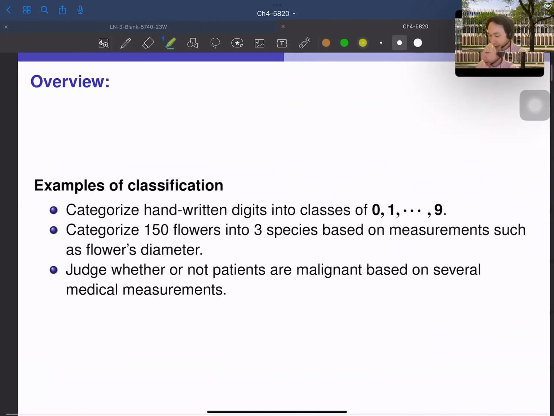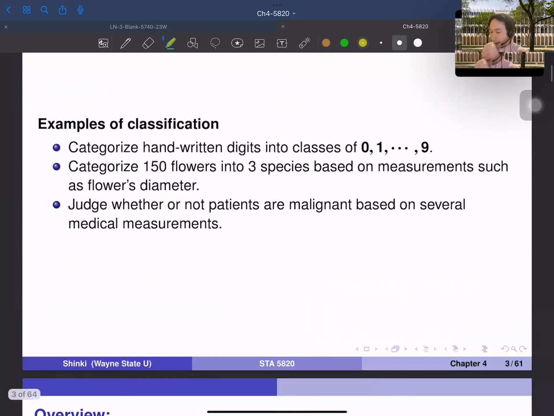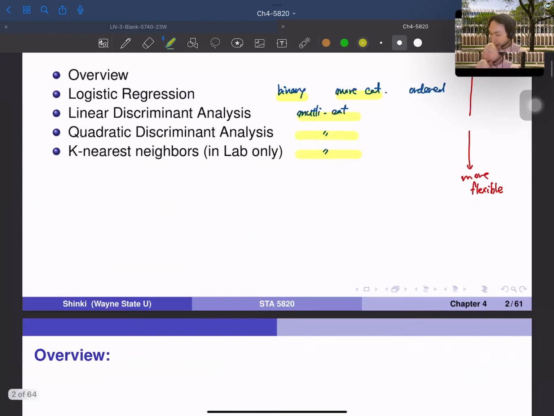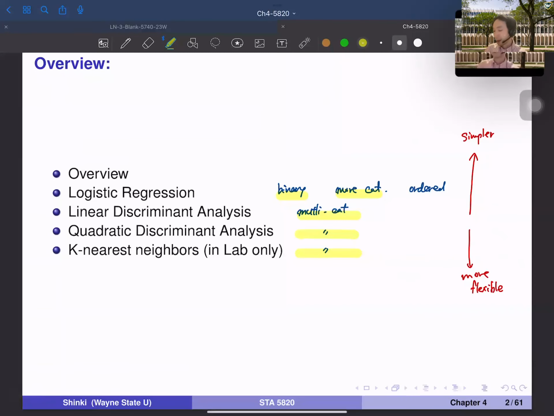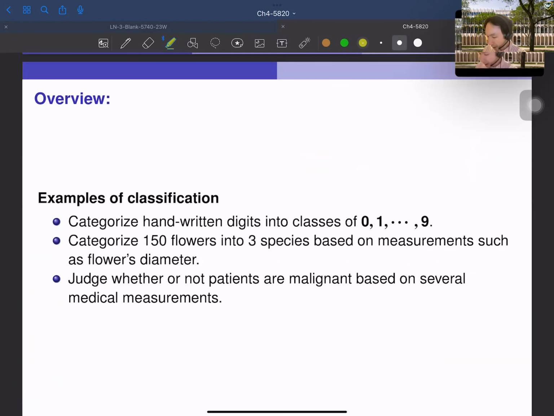K-nearest neighbors has not been discussed in any other courses, I think. How many of you have heard of logistic regression? Probably you have. And linear discriminant analysis, LDA, how many of you have heard of it? Maybe 1, 2. How about quadratic discriminant analysis? 1, 2, maybe. K-nearest neighbors, we have already discussed some in the previous chapters.